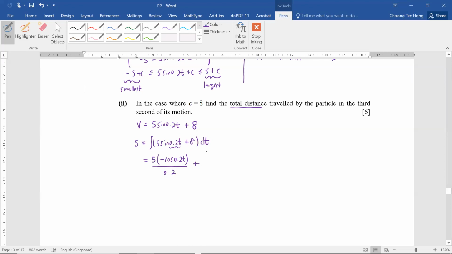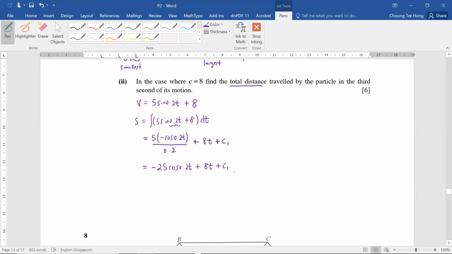When you integrate 8, you get 8t. Because this is an indefinite integral, we add a constant behind. So in other words, the displacement will be 5 divided by 0.2 is 25, negative 25 cosine 0.2t plus 8t plus c1, right?